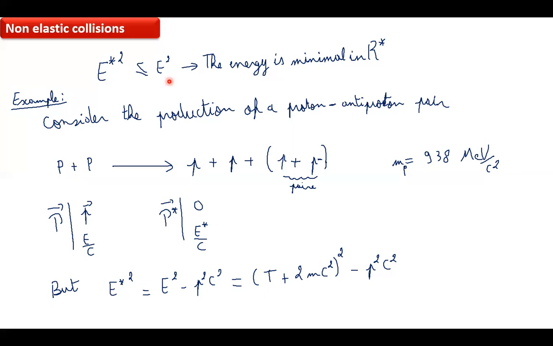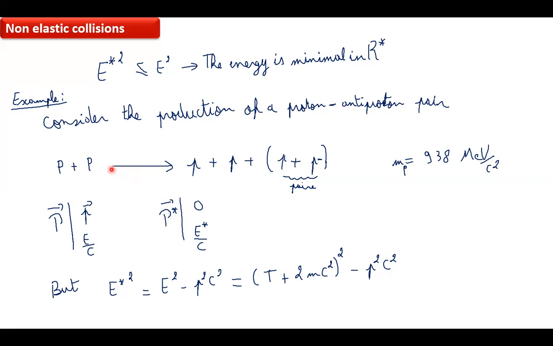Our example is the production of a proton-antiproton pair. Here we have a collision between two protons. If you make this collision at low energies, you will end up having two protons after collision with different momentums, but it would be an elastic collision.